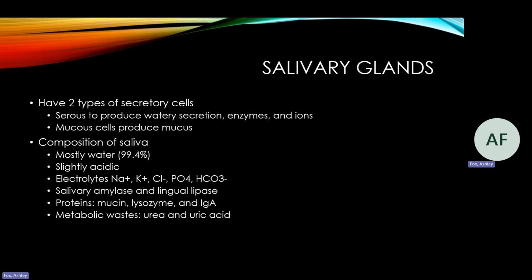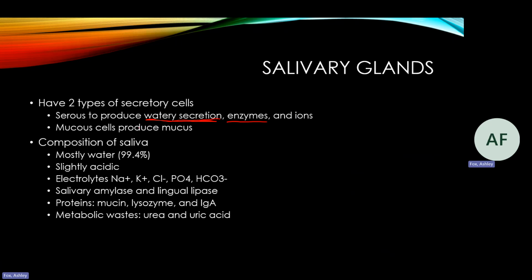The salivary glands have two types of cells that are making secretions. So they have serous cells that are going to produce mostly water, which is most of what saliva is. And then we add the enzymes. Again, salivary amylase is going to start the carbohydrate breakdown. And there's also some ions in there that we'll see next.